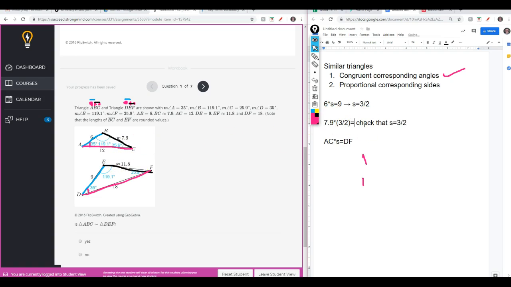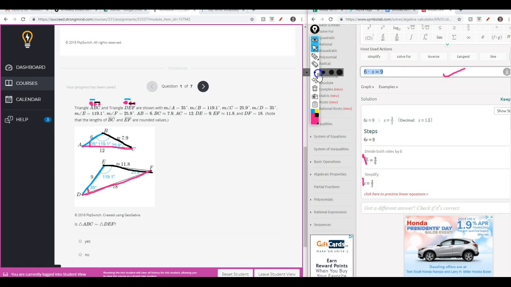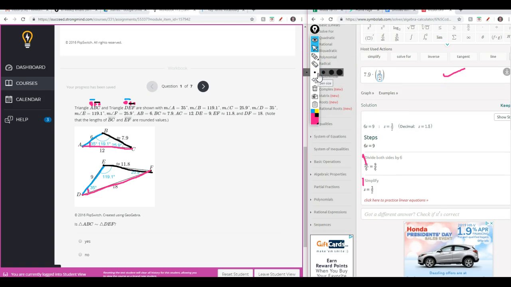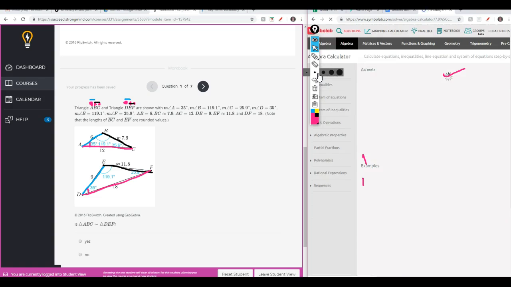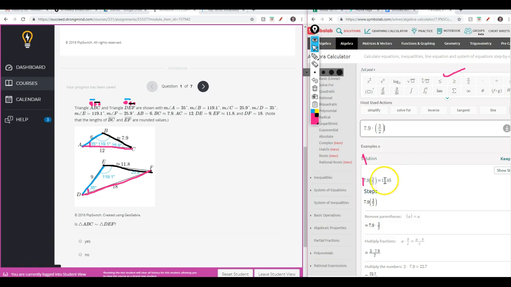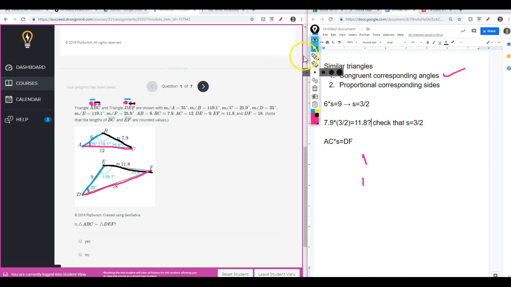This is what we want to verify. So I'm going to go over to the symbol lab again. Remember, it was 7.9 times 3/2. And we're looking for 11.8. So it's about 11.8. So that one's checking out. So yes, that one worked.